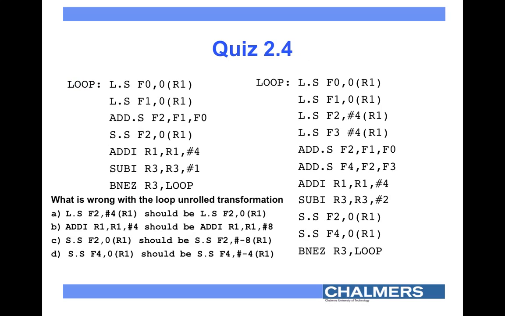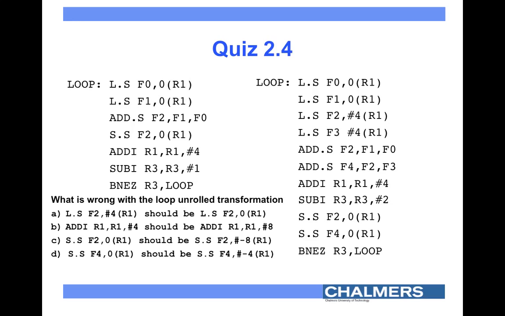But before we do that, let's look at the fourth quiz. So here we consider loop unrolling as a transformation. We have the original loop to the left and then the unrolled loop to the right. And the question is, in the unrolled loop, which of the code transformations are correct.